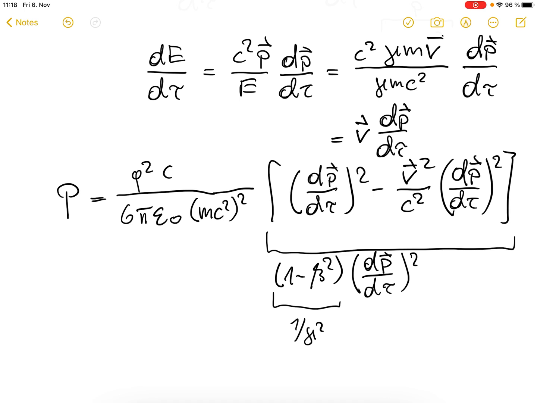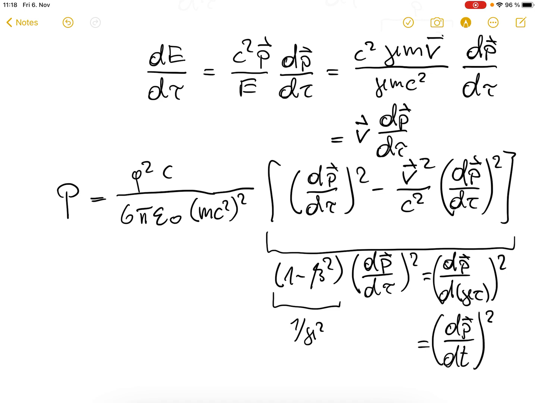And now we can combine the 1 over gamma squared with the square of the d tau in the differentiation, and this becomes dp with respect to d gamma tau squared, which is just dp with respect to dt squared, where t is the time in the lab system.